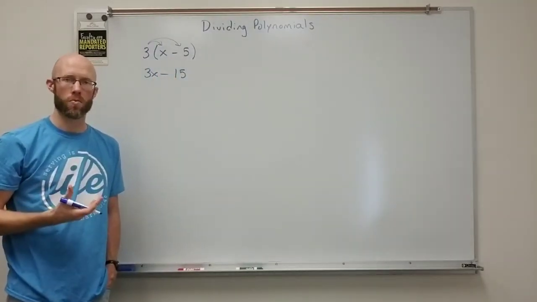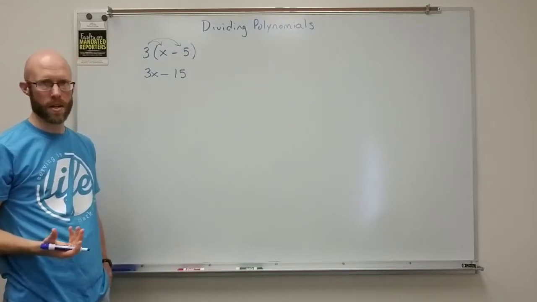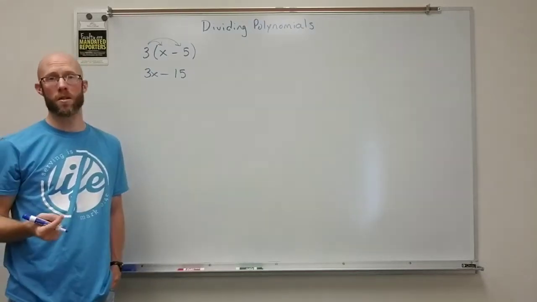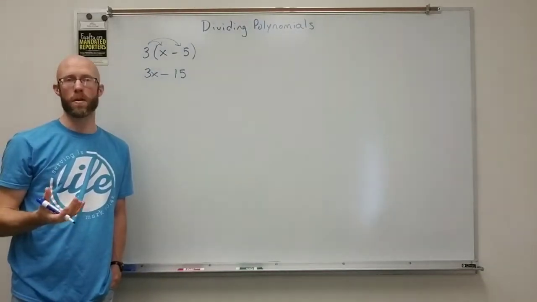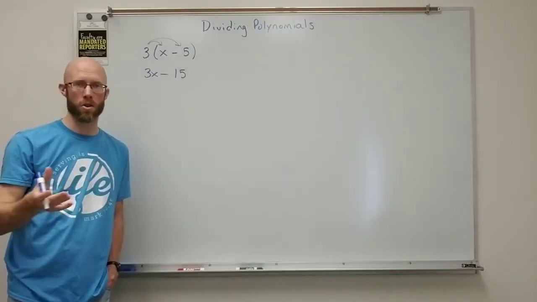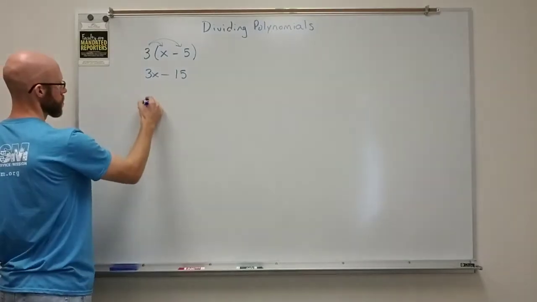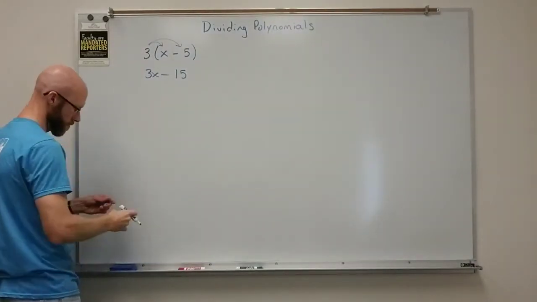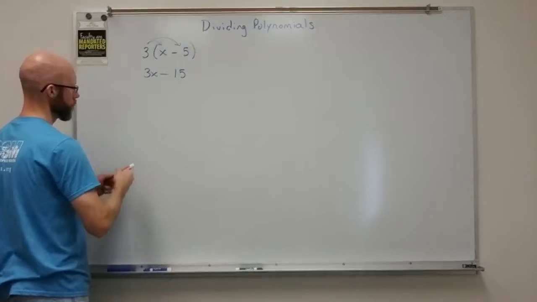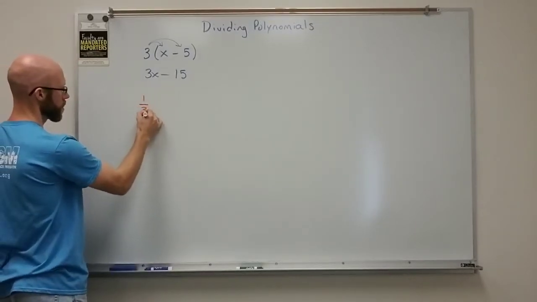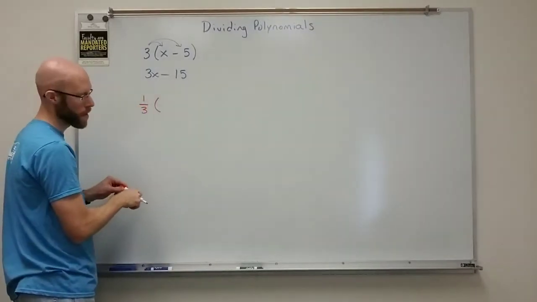Well, you can also do this with fractions. We've seen this many times now too. We saw it especially when we did the slope-intercept form of a line and we were looking at slopes and distributing those through. So you could have something like 1/3 on the outside times maybe x plus 7.